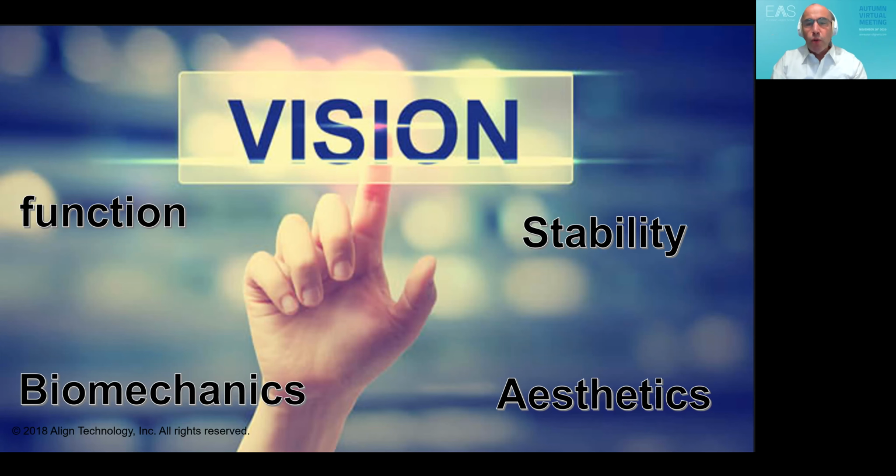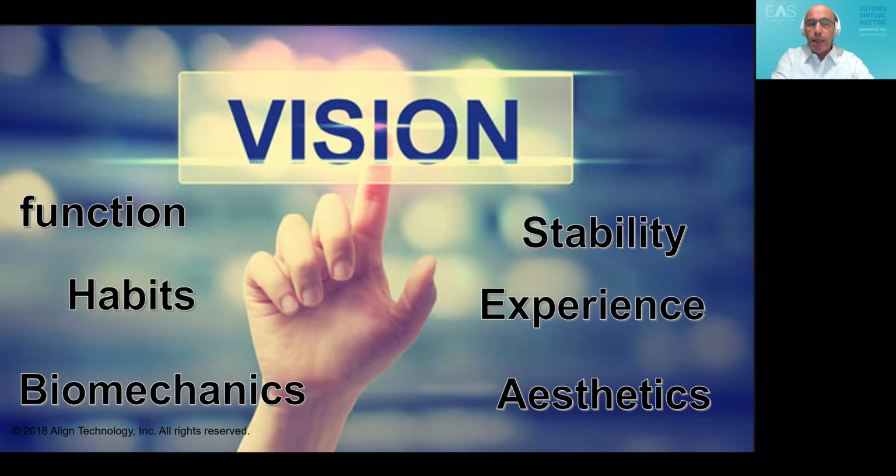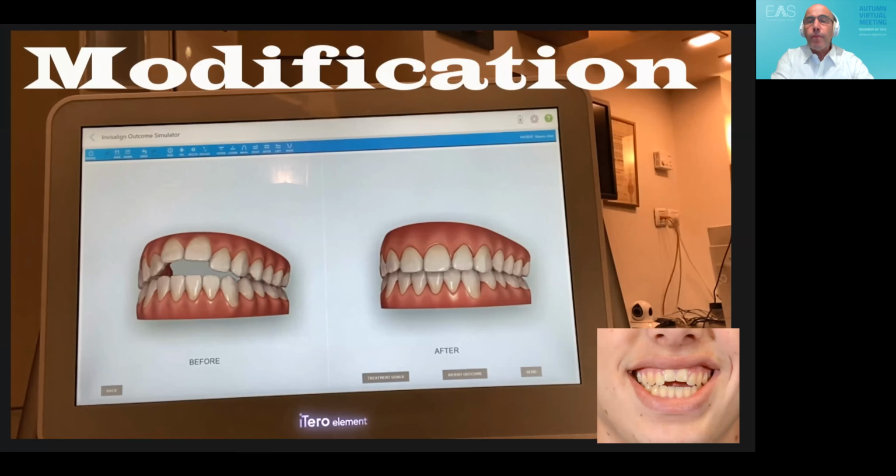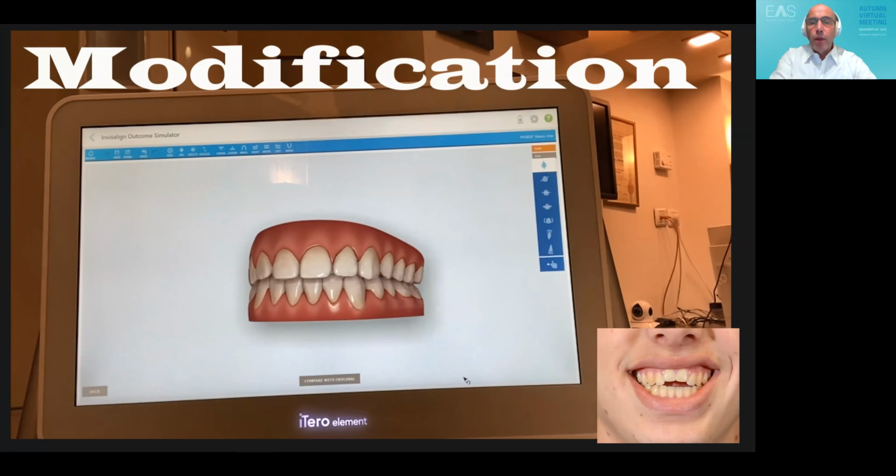Do I want to do so much expansion? What will happen with so much extrusion? So I need to think about my biomechanics when I do my simulation. Habits, of course, this patient had a heavy tongue thrust. My experience.